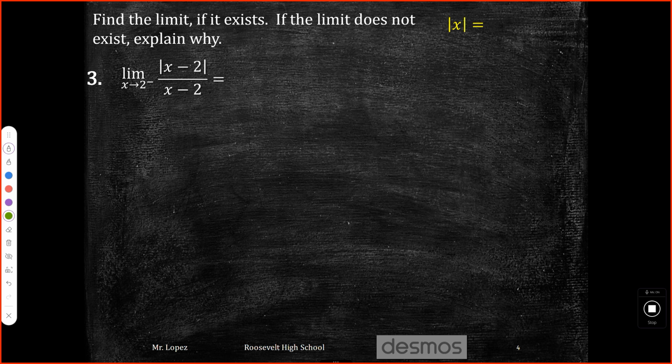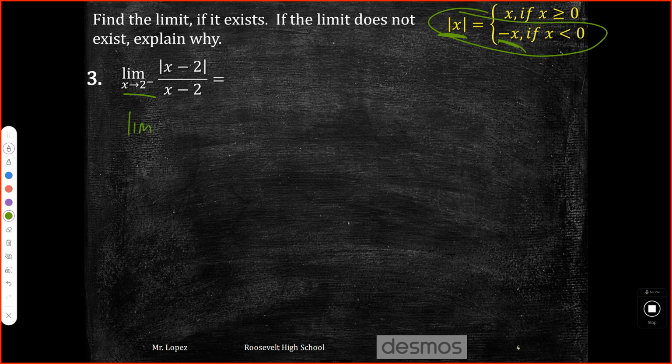The absolute value of x is equal to x for all values greater than 0, and it's equal to negative x for all values less than 0. Since we're coming from the left here, we're going to use this statement here, so the absolute value of x will equal negative x.